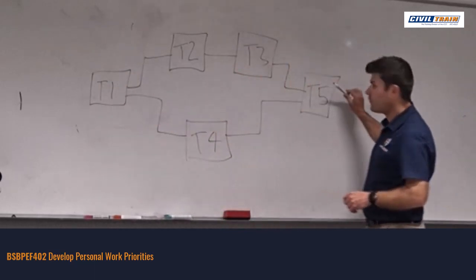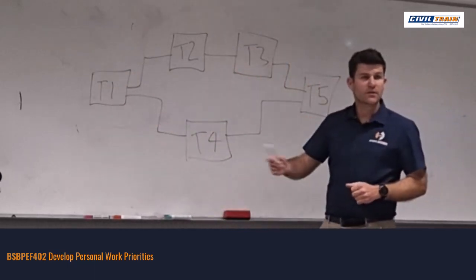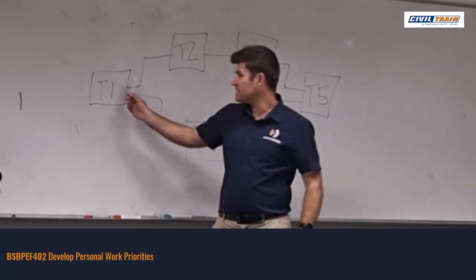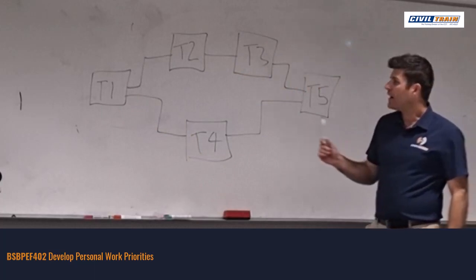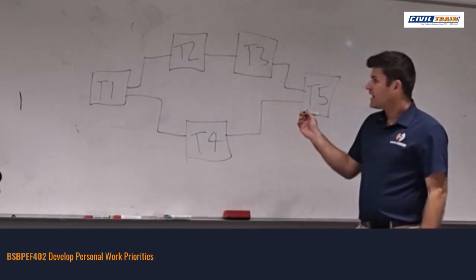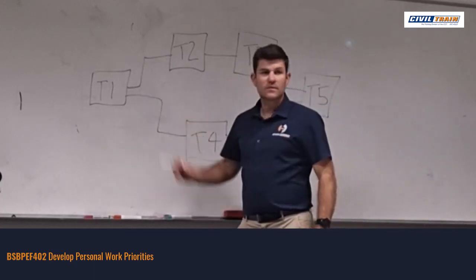As you can see, we've got 5 tasks, and it might be the setup, pack up, clean up, whatever it might be. We've got the 5 tasks, and we've got the dependency lines.